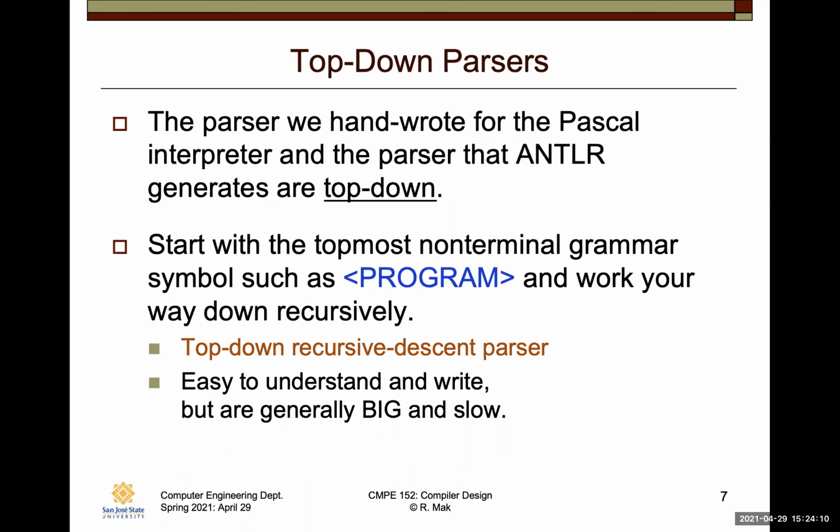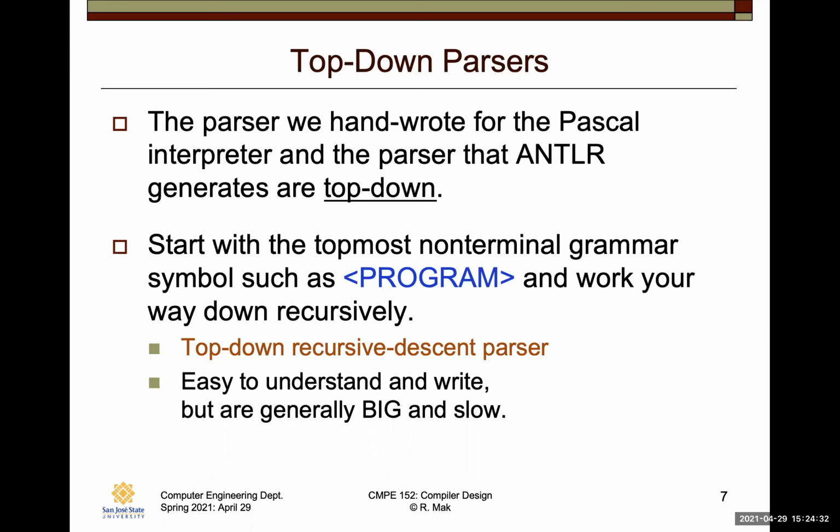So when Antler reads your .g file and generates a parser, that parser is a top-down recursive descent parser. And if you try to read the code that Antler has generated, even though it's in C++, it's not the easiest code to read. It is top-down recursive descent.